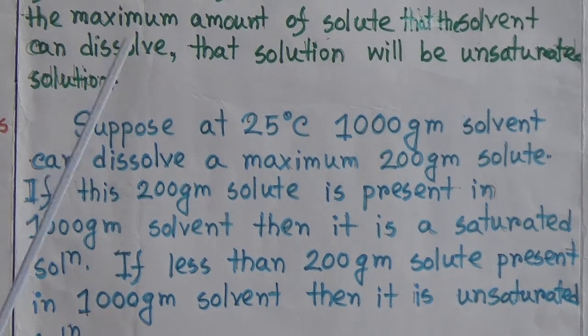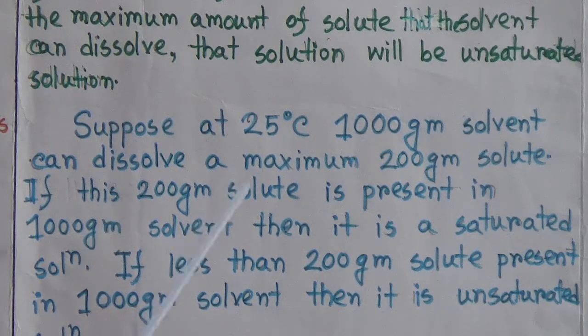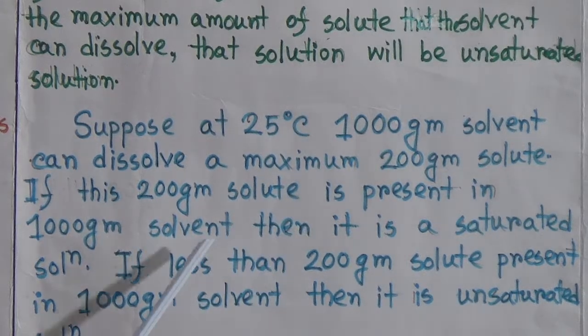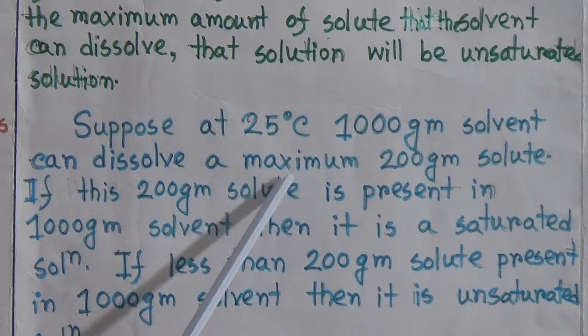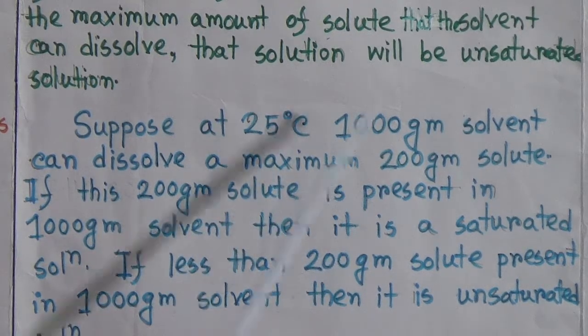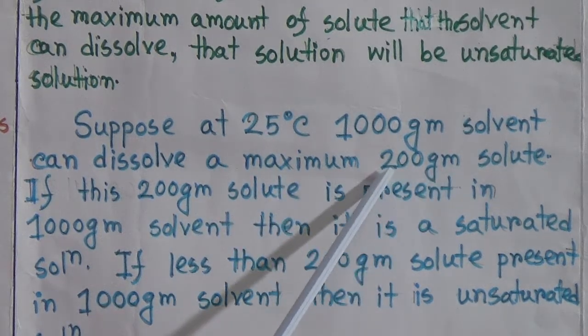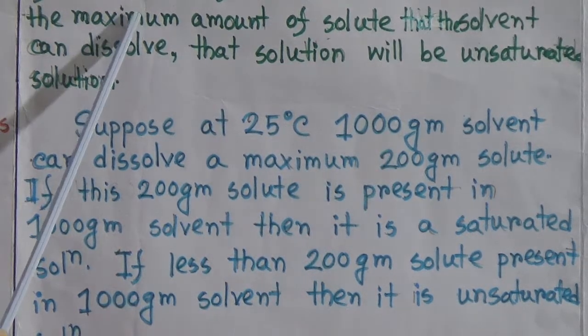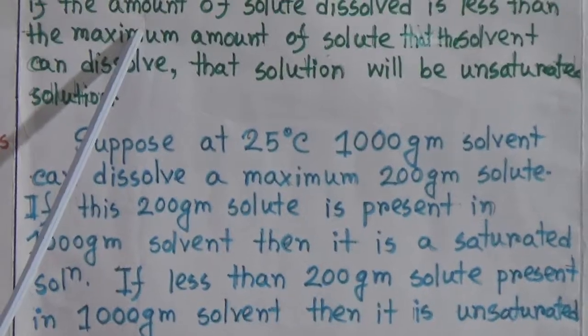That means in 1000 gram of solvent or water, 200 gram of solute can be dissolved, and we take 200 gram of solute here, and this is the saturated solution. And if we give less than 200 gram of solute, then this solution will turn into an unsaturated solution.